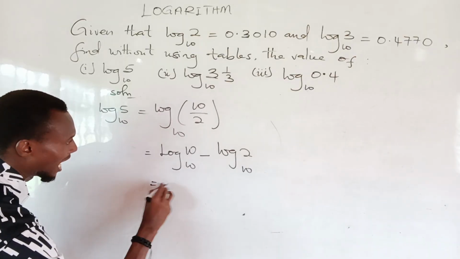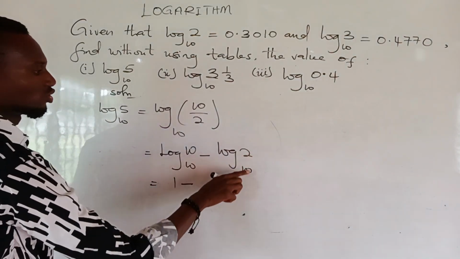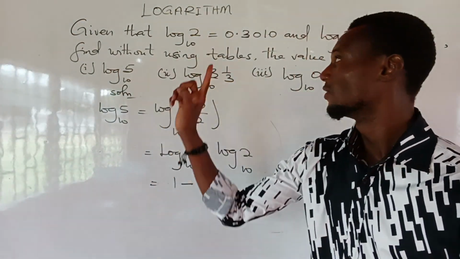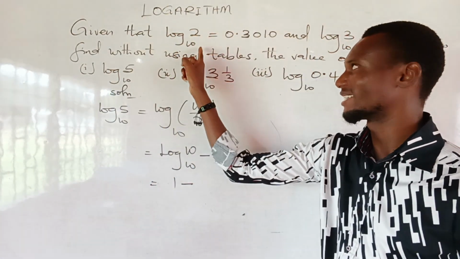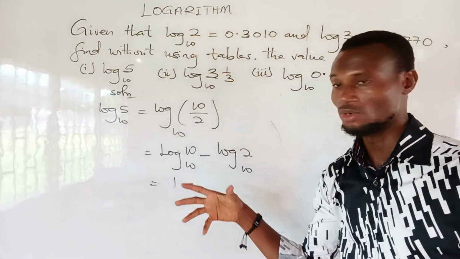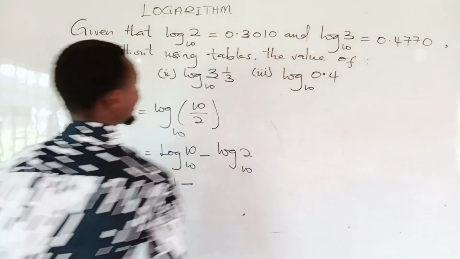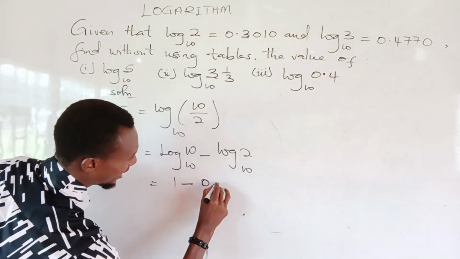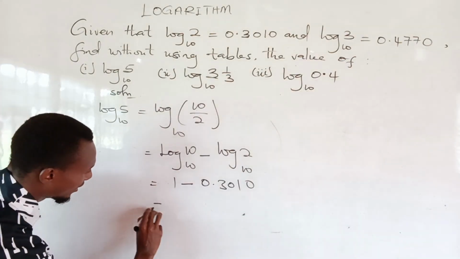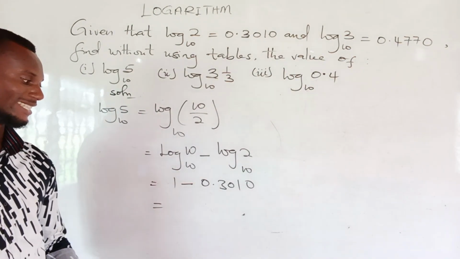So I'm going to have 1 minus, now the log 2 to the base 10, its value has been given from the question. Look at it, log 2 to the base 10 is given to be 0.3010. So in place of the log 2 to the base 10, I'll put this value there, which is 0.3010. And from here, all that you need to do is to use your calculator and let's get the answer.